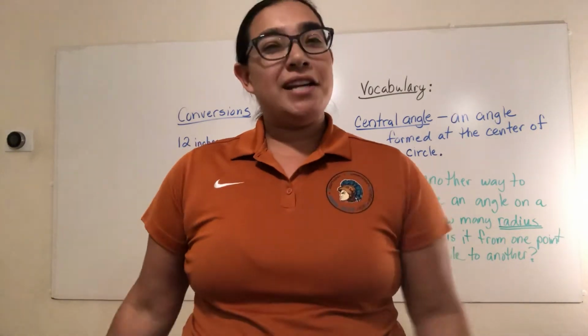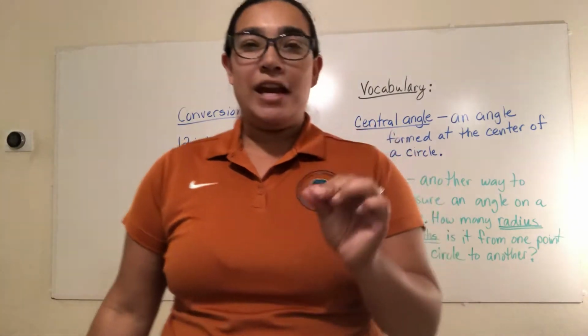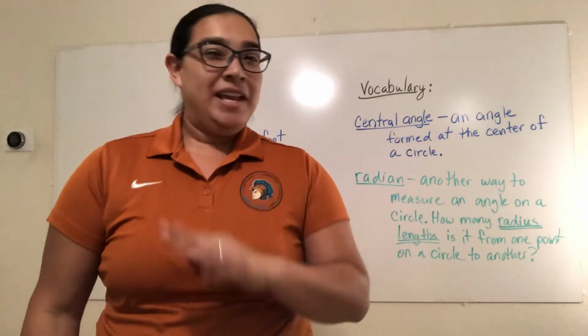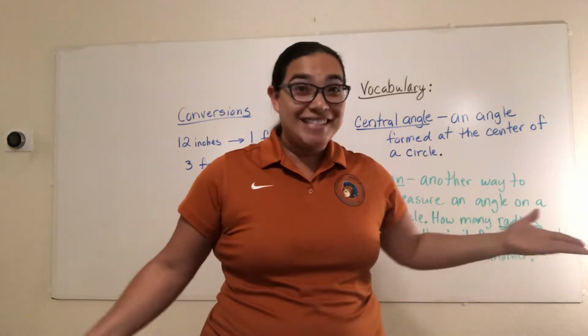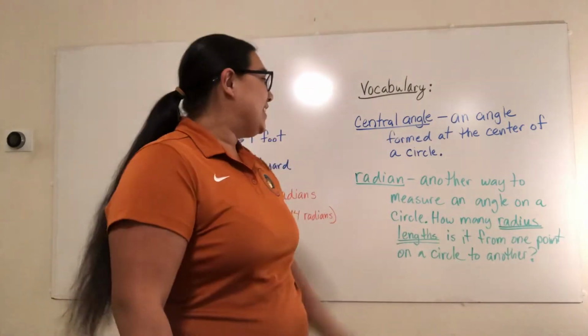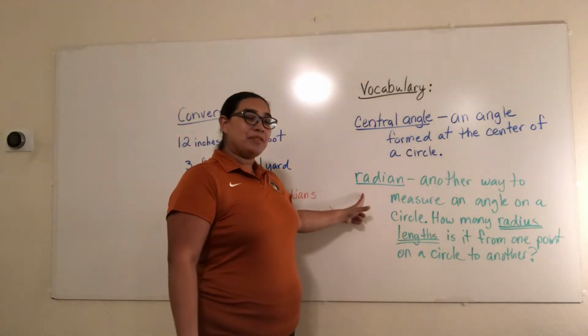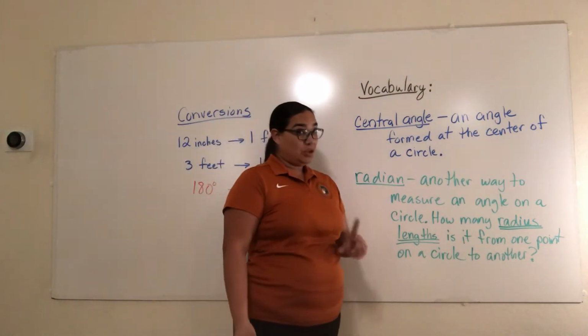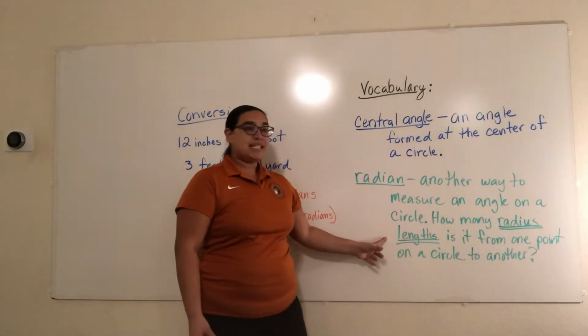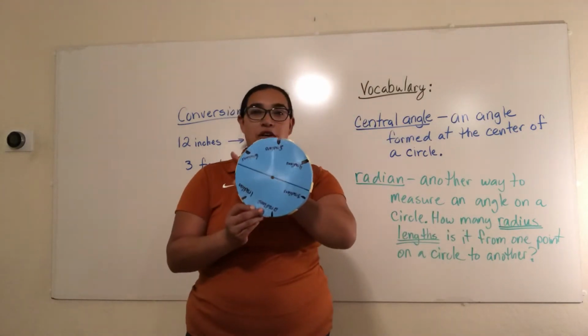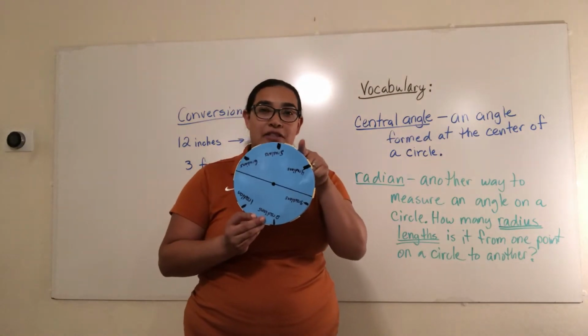Let's talk a little bit more about radian and where the word comes from. It's not random. Most math vocabulary has purpose to it. Radian actually comes from radius. Most of you should know what a radius is. A radian measure is how many radius lengths it is from one point of your angle on a circle to another point on the circle.